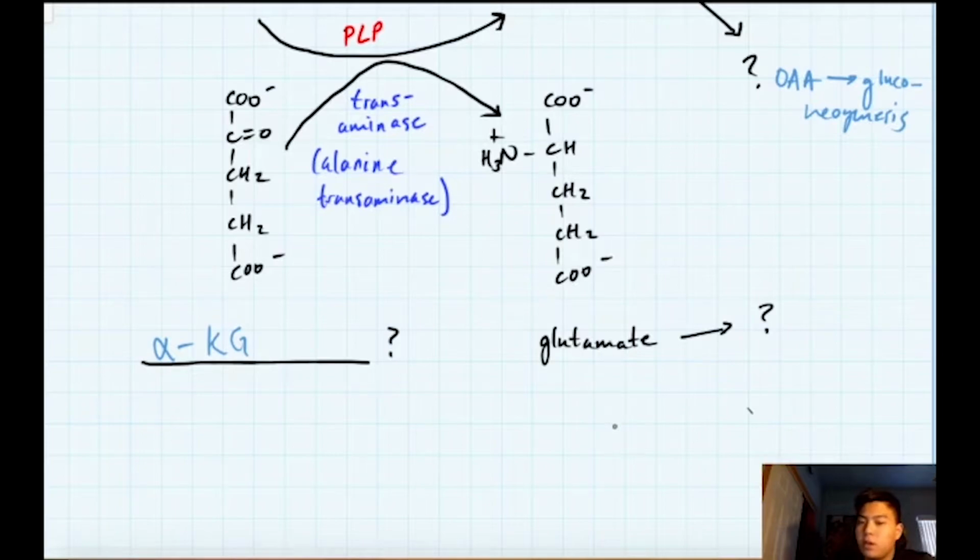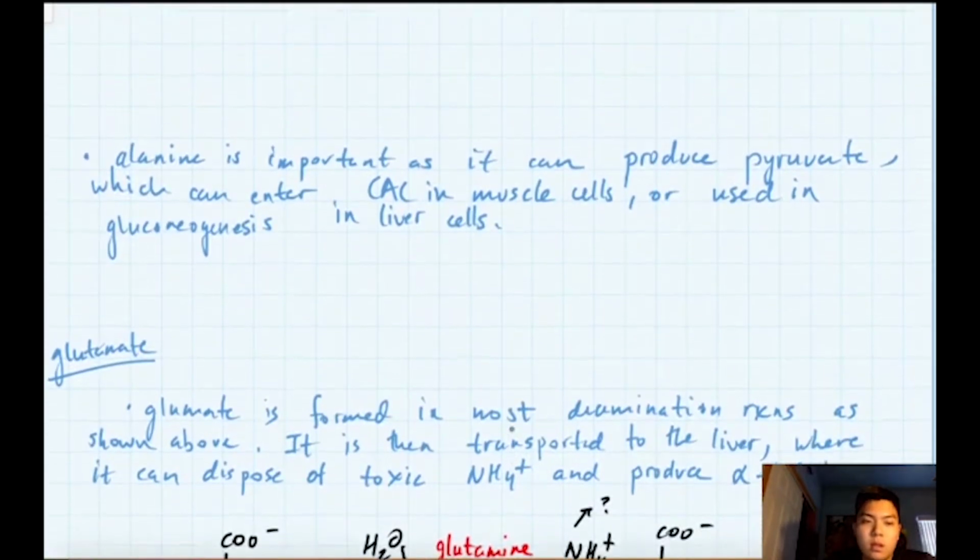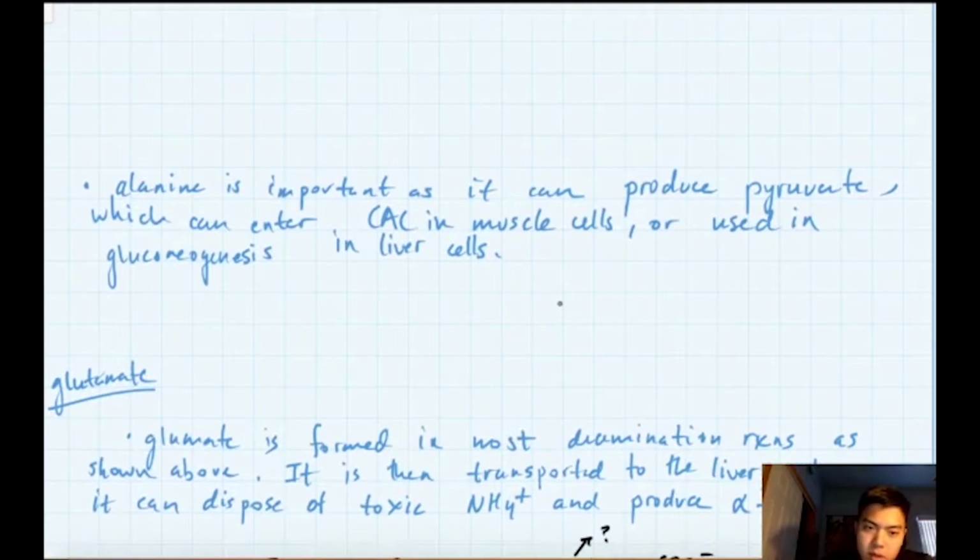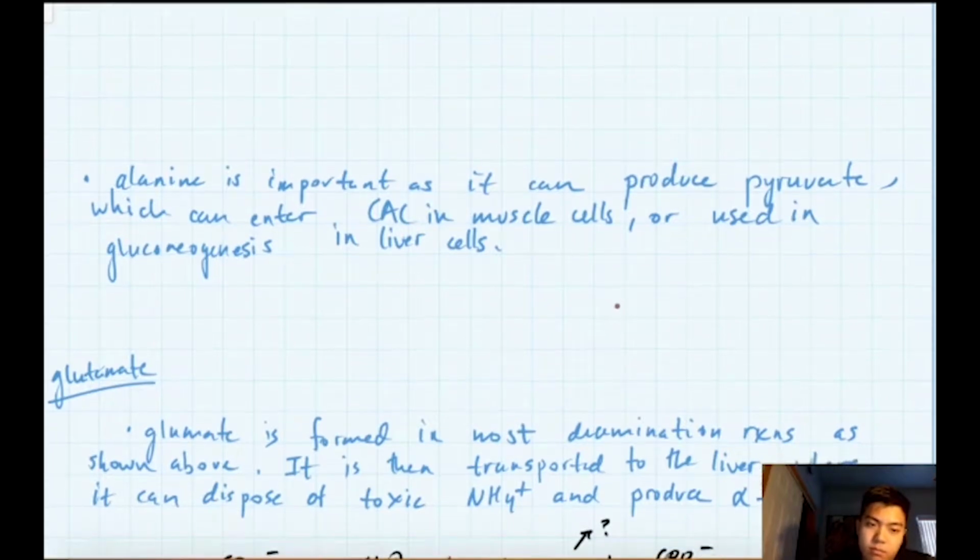We sort of talked about it earlier, but this is an important precursor amino acid in amino acid metabolism, because we need this guy essentially to successfully make the products that are needed for safe amino or nitrogenous substance excretion. I'm going to keep repeating that. It might not make sense now, but eventually, hopefully, it will start to make sense. So alanine is important because it can produce pyruvate, which can enter the citric acid cycle, and it can be used as a gluconeogenesis precursor.